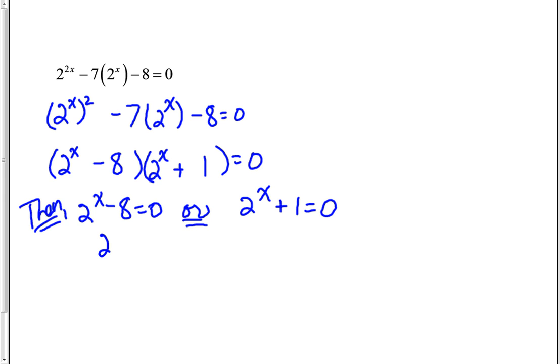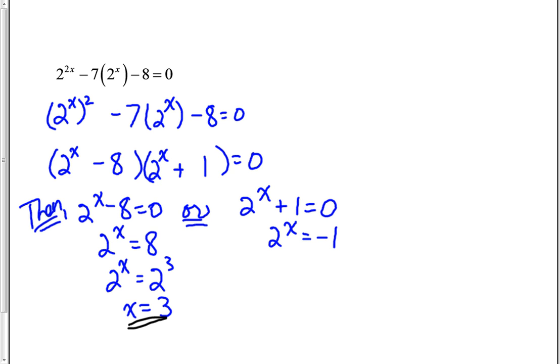If I add 8 to both sides, I know that 8 can be rewritten as 2 cubed, so x equals 3 is one of my solutions. The other solution, I am going to subtract 1 from both sides. Is it ever possible for 2 to the x to be equal to negative 1? No. So there is not a solution here, but there is one solution, x equals 3.